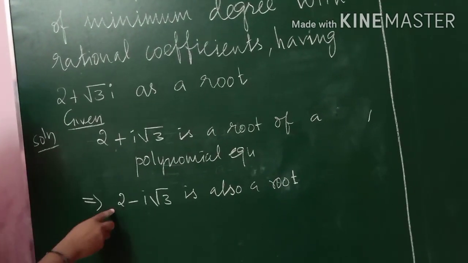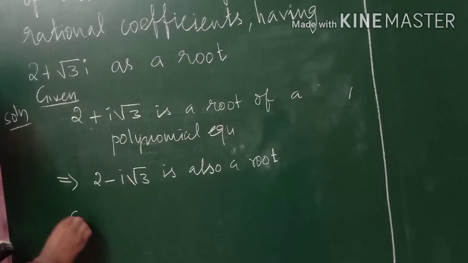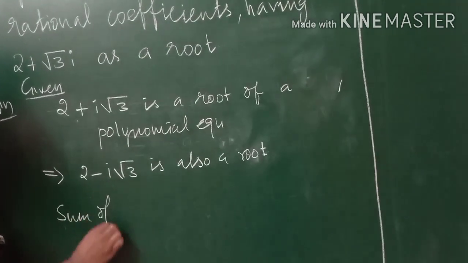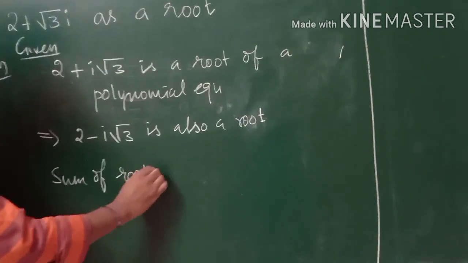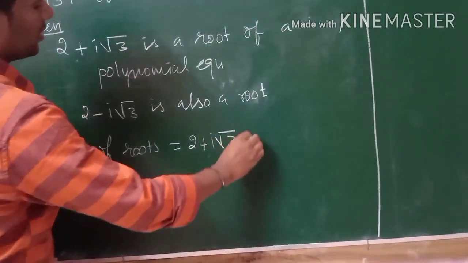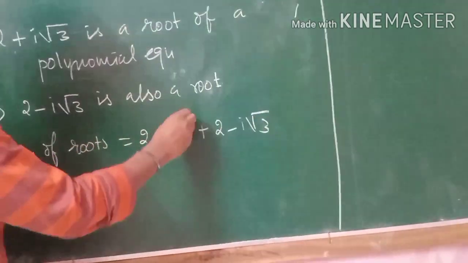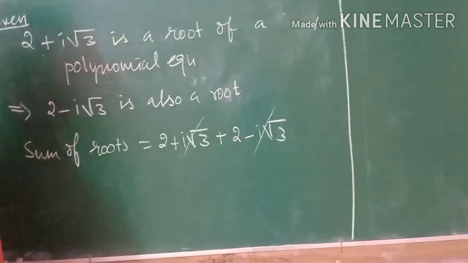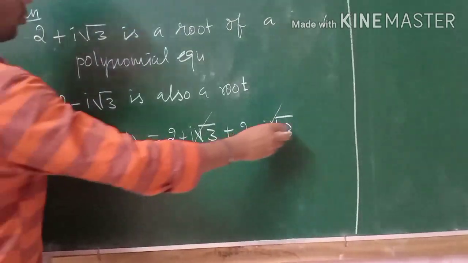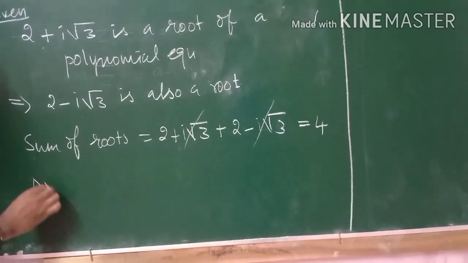So we have two roots, 2 plus i square root of 3, 2 minus i square root of 3. So what is sum of roots? 2 plus i square root of 3 plus 2 minus i square root of 3. So plus i square root of 3 minus i square root of 3 cancels, 2 plus 2, 4. And what is product of roots?